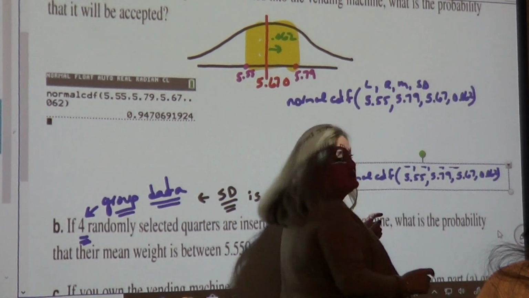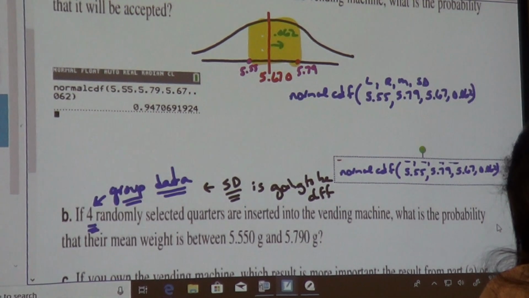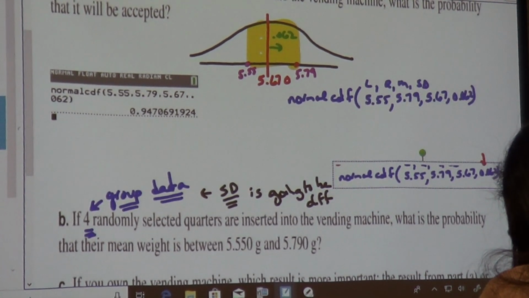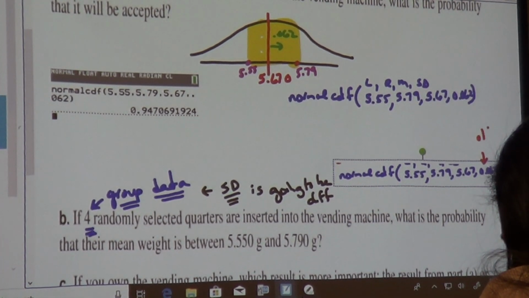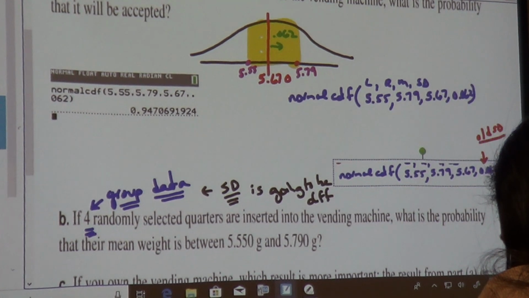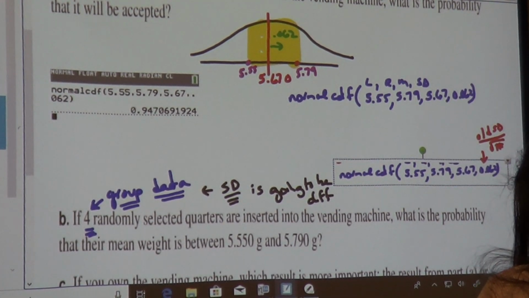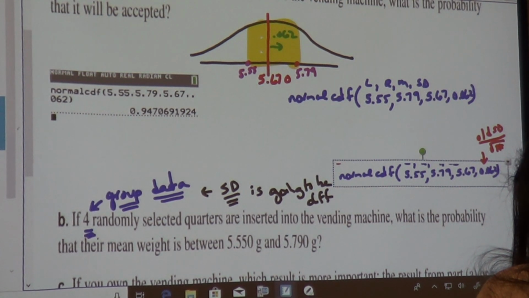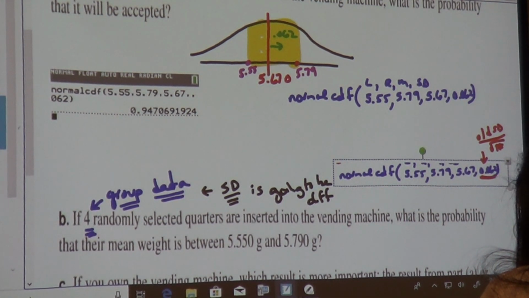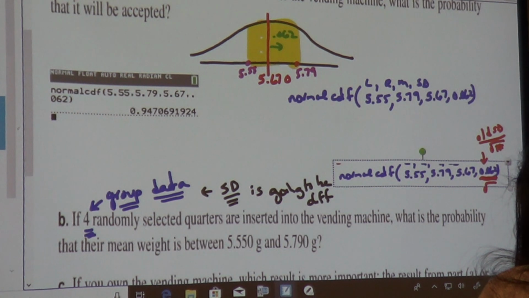The only difference now is that my standard deviation is going to be the old standard deviation divided by the square root of how many are in the group. My old standard deviation is 0.062, and we're going to divide that by the square root of 4. That's the only difference.